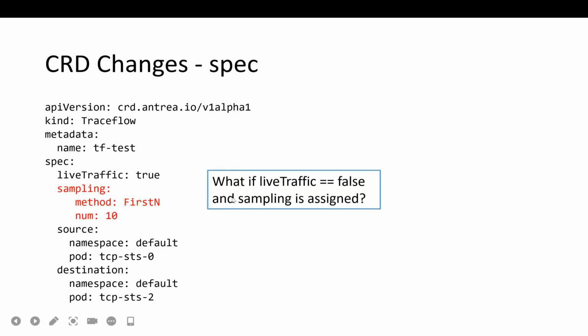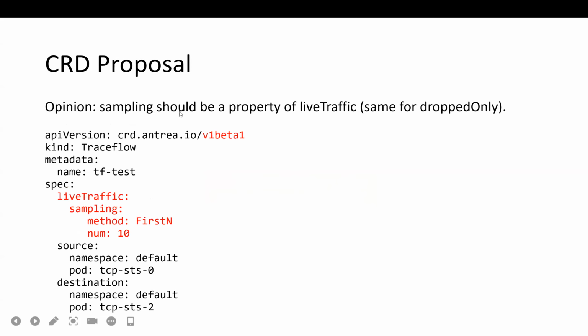But I think it's not very reasonable because if we set live traffic to false and still assign a sampling, then there will be a contradiction. So I think a more reasonable way is to let sampling be a property of live traffic, like this.